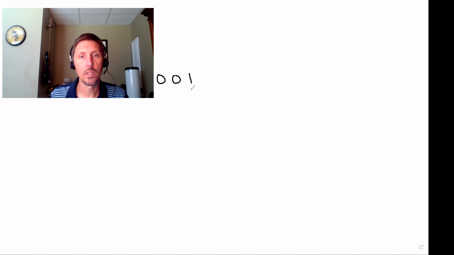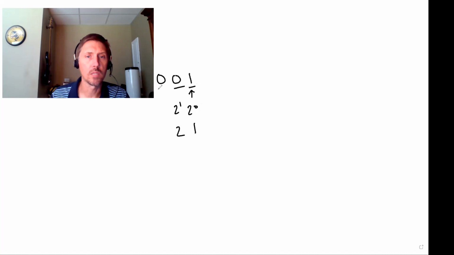And so this here is going to be the 2 to the 0 place, or another way to think about that is that's a 1. This one here is going to be the 2 to the 1 place, or the corresponding decimal value would be 2. This is the 2 to the second power, or 2 squared, which is going to be 4. And then this is 2 to the third power, and 2 to the third power is 8, right?